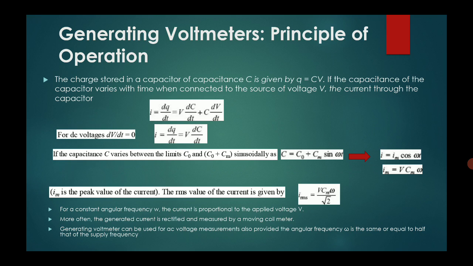Now we'll look at the principle of operation of generating voltmeters. The charge stored in a capacitor of capacitance C is given by Q equal to C into V. We know this.